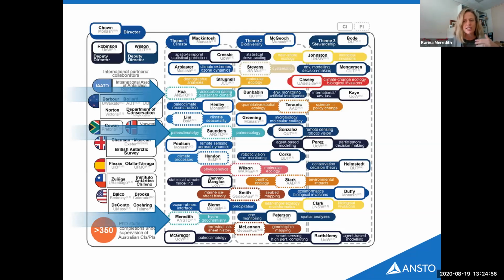And also we've got Christina Saunders, who has a vast history of working in the subantarctic and Antarctica, and she's going to be looking at the paleoclimate records. And I'm going to be contributing through isotope tracing and hydrogeochemistry. So our team will contribute to themes 1 and 2 of this project.